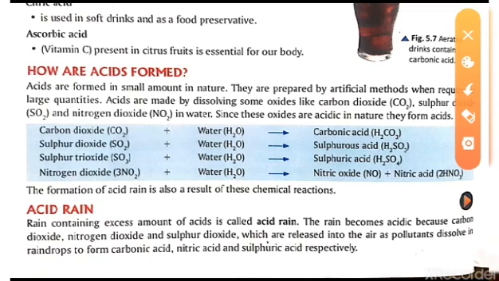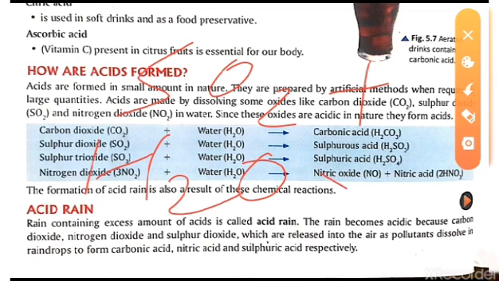If sulfur dioxide, SO2, reacts with water, again it forms an acid.